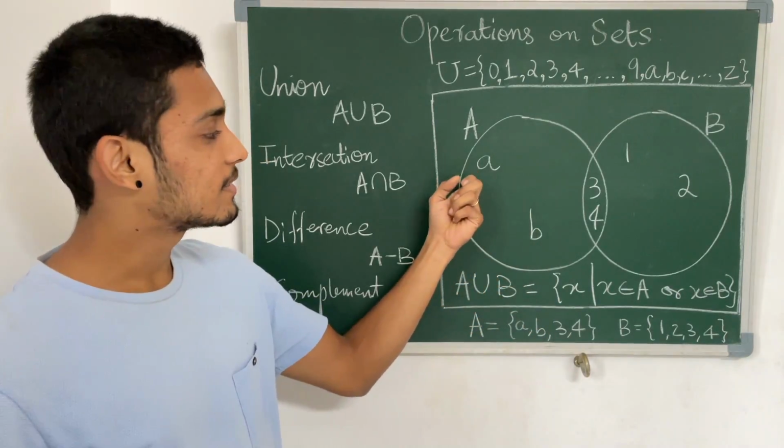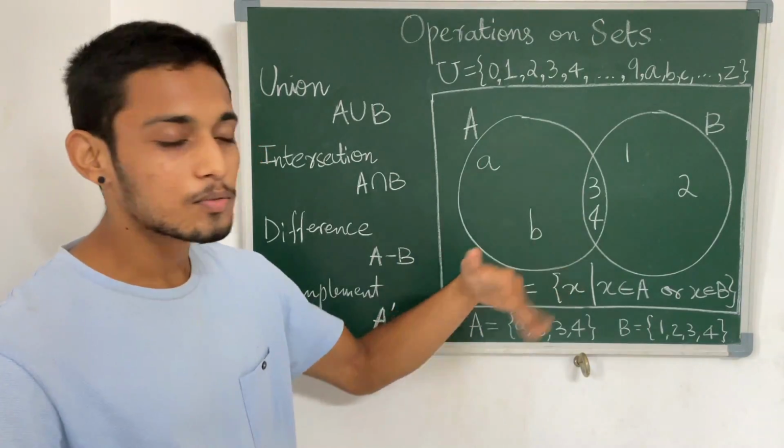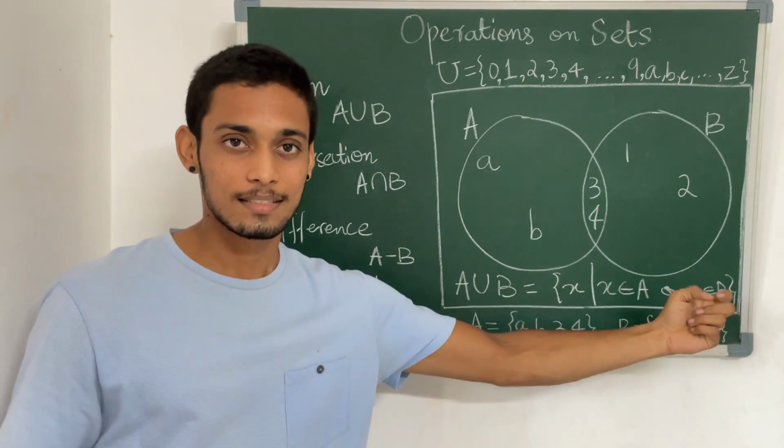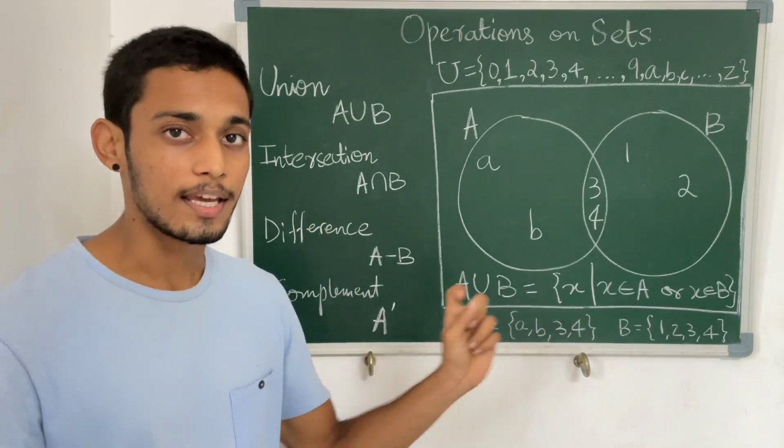So for this example, it's A, B, 3, 4, 1, 2, all in A union B. If the sets were more complicated, then we would write it as this to save time, so that we can clearly say what is there inside the union of A and B.